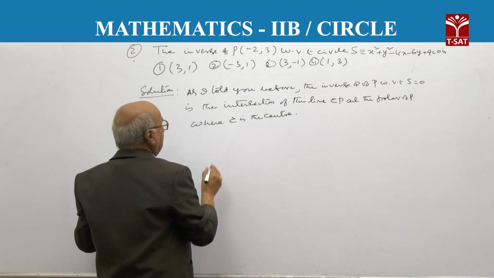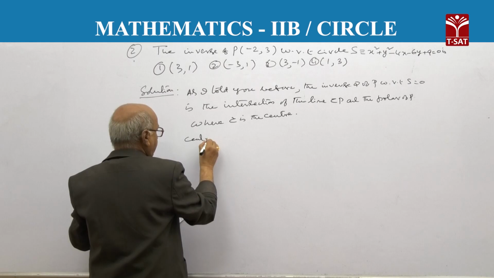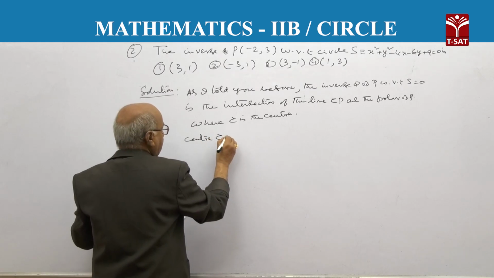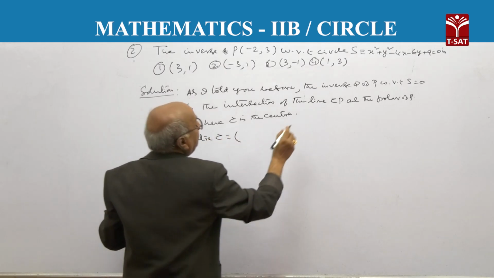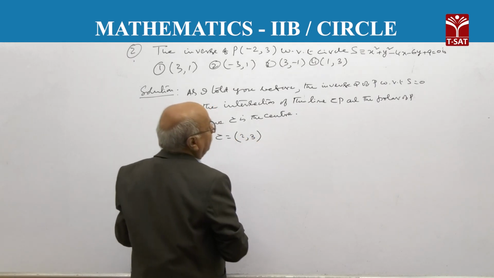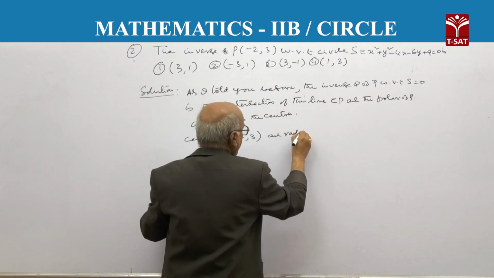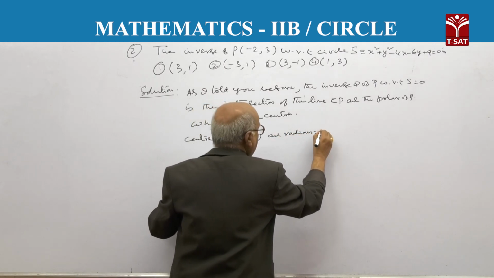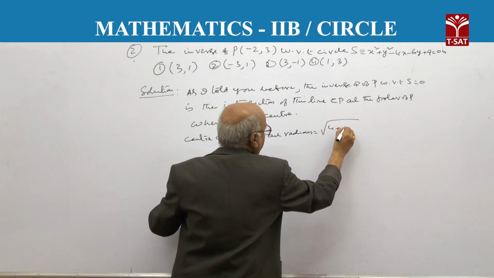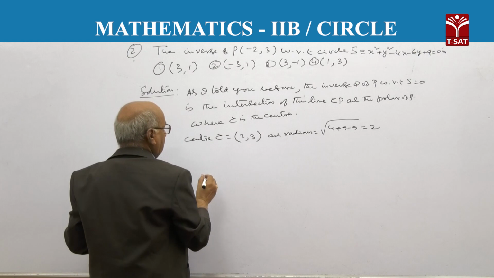Right. Now, by hypothesis, the center C is the point (2, 3), and the radius is square root of 4 plus 9 minus 9, which is 2.